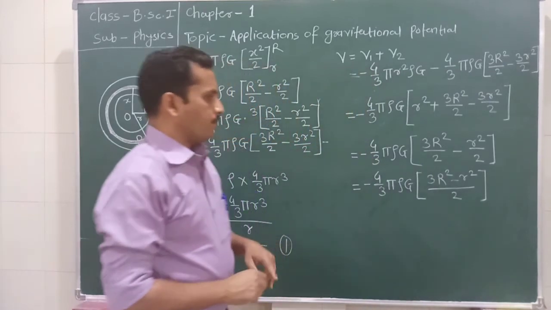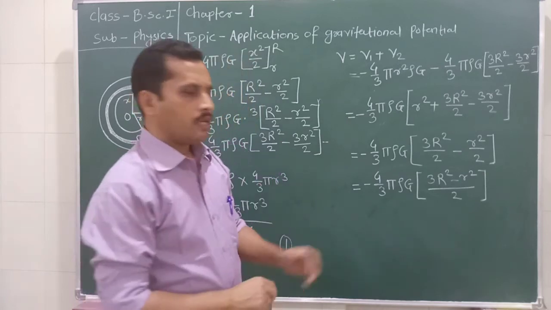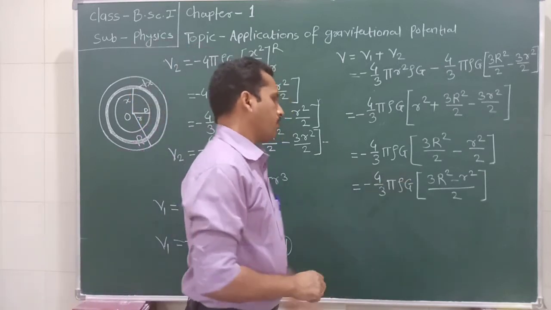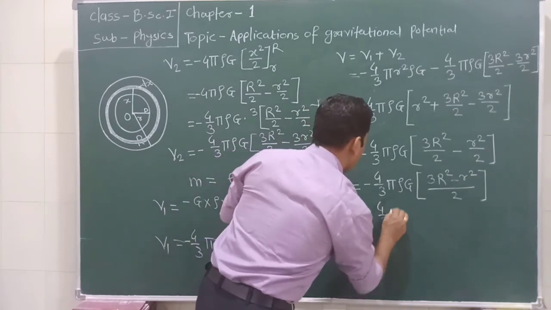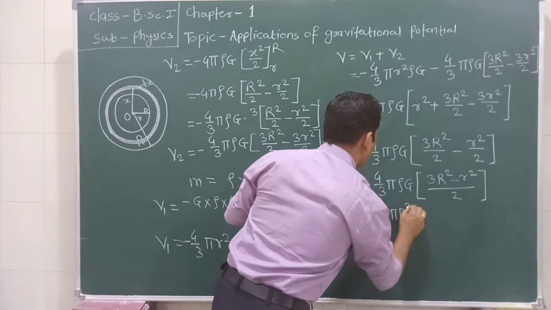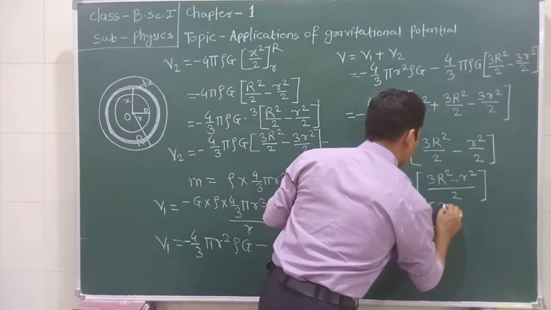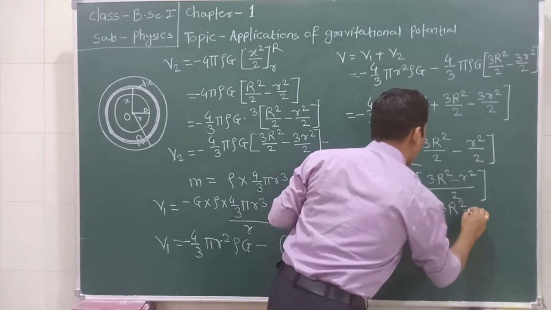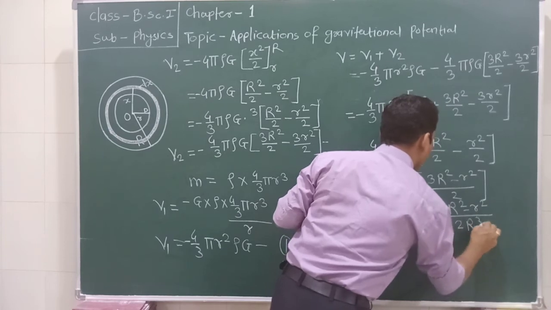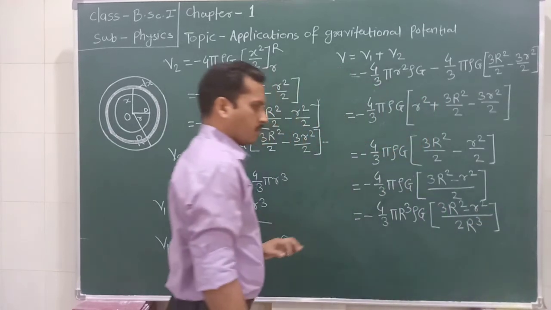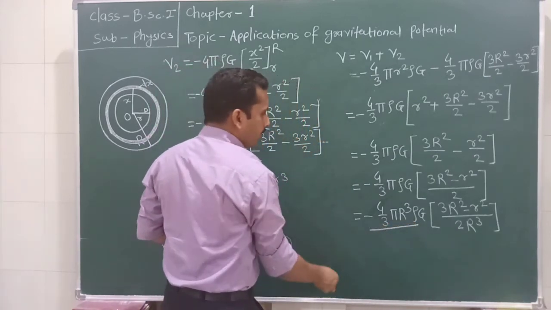Now multiply and divide this equation by R cube. So we can write minus 4 by 3 pi R cube rho g into 3R square minus r square divided by twice R cube. Why do we multiply by R cube?